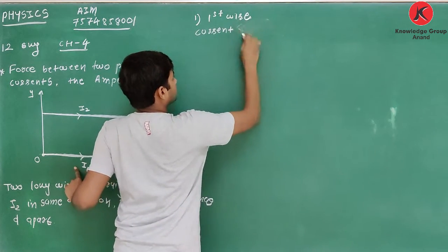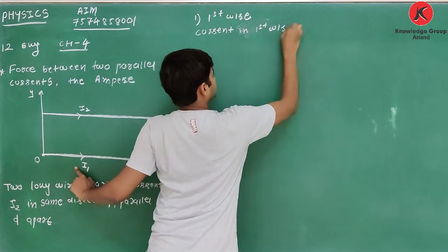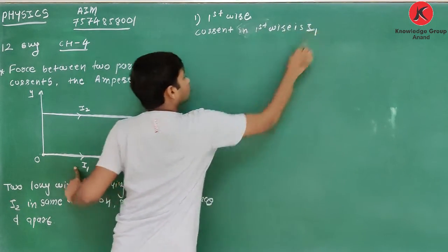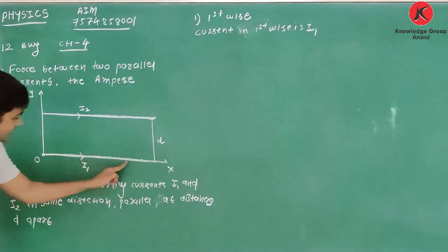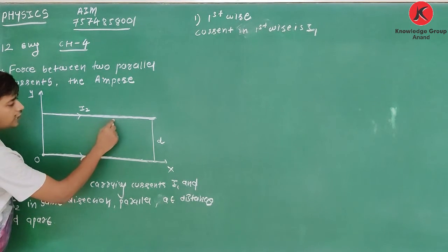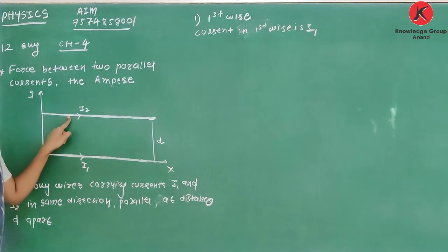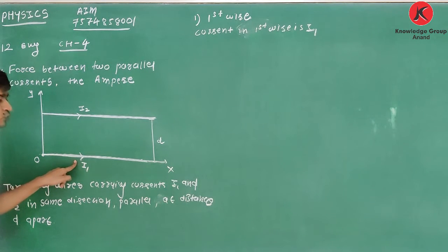We can say this is a current carrying conductor, so due to this wire a magnetic field is produced. I have to find the force acting on wire number 2, so I have to find the magnetic field on it due to the first wire.